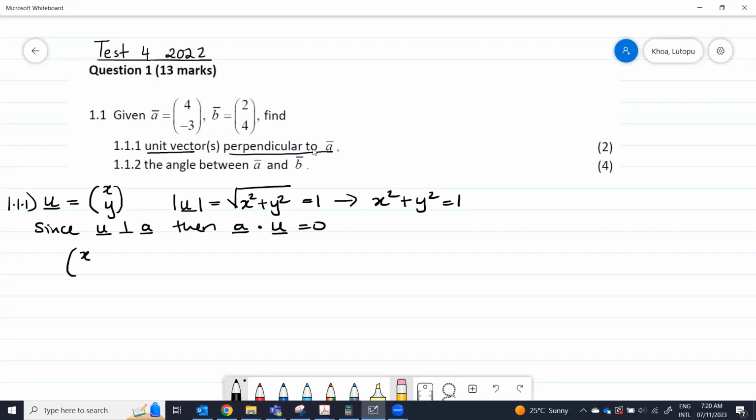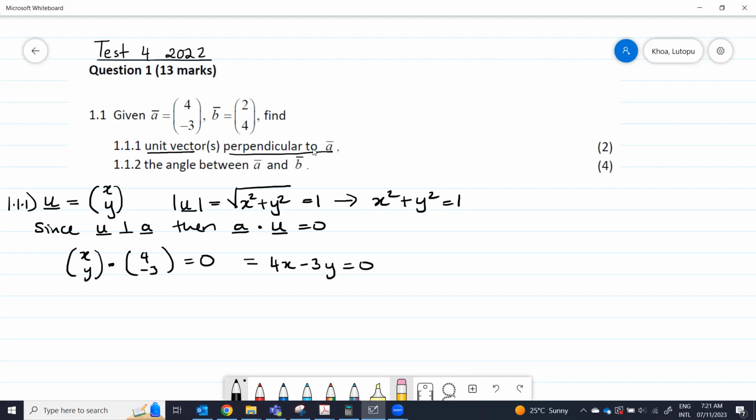So we have x, y dot 4, minus 3. This should give us 0. So we know how to do the dot product. We have 4x minus 3y, and this is equal to 0. So I have these two equations. What I then do is I solve them simultaneously.